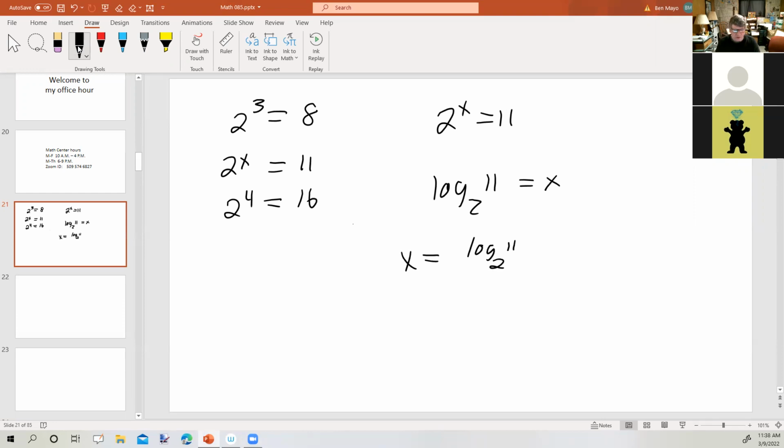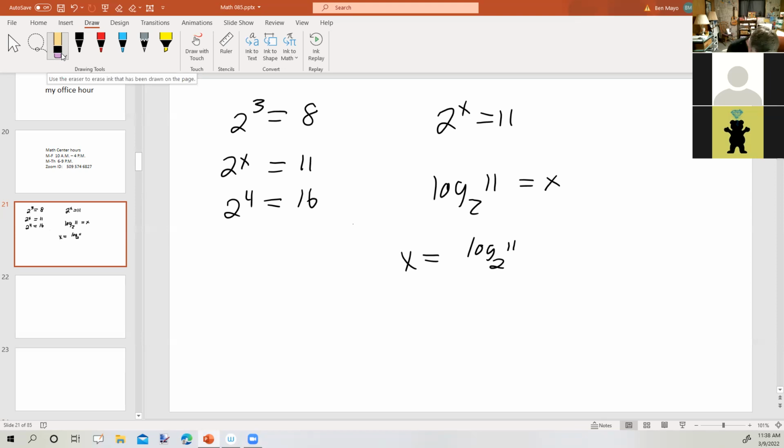The problem is, most of our calculators don't have a log base 2 button. Some of you might actually have a calculator that has a little box there and a little box there, where you can use that to not have to use this next formula. But for the rest of us, we're going to use what is called the change of base formula. And this is the only thing we're going to look at out of section 11.6, the change of base formula.